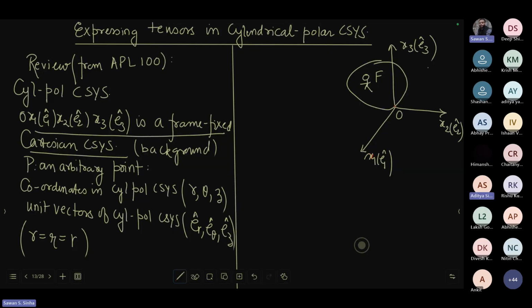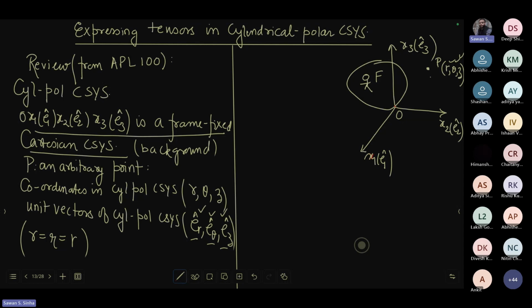So if P is a point of interest, then the cylindrical polar coordinate system has these coordinates. I am reviewing r, theta, z. And the unit vectors of a cylindrical polar coordinate system are denoted as er, e theta, and ez. So what are these quantities r, theta, z, and how are these unit vectors defined?